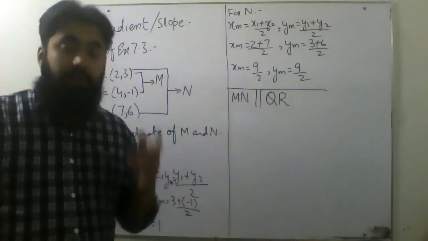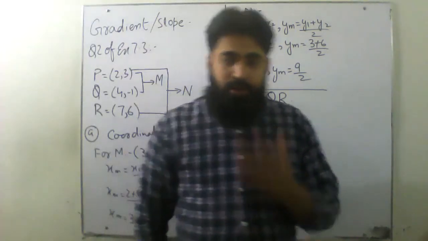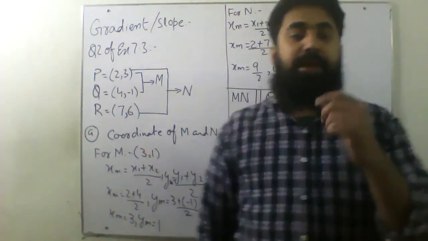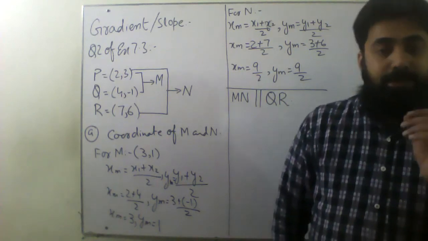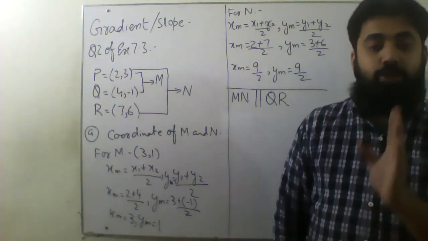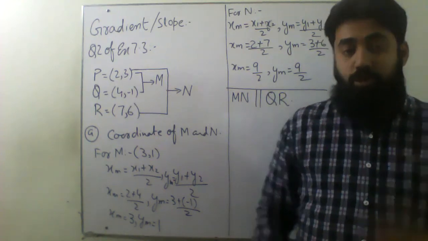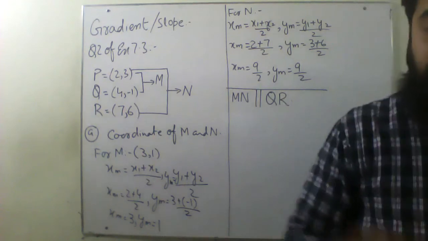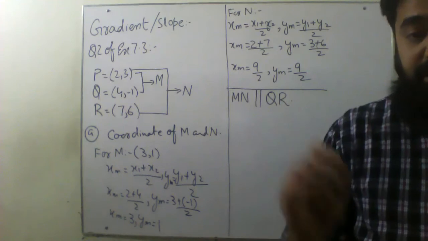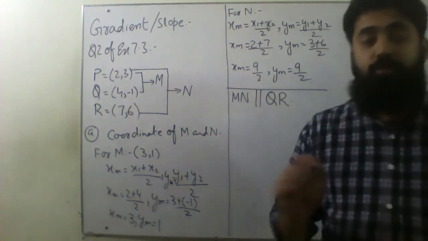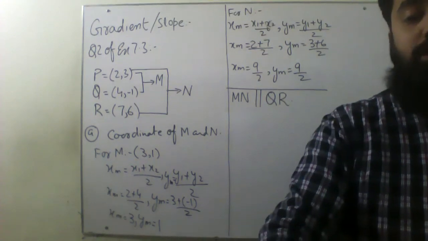Always remember, in order to find whether two lines are parallel or not, you have to find their gradient. If the gradients of two lines are equal, it means those two lines are parallel to each other. If two lines are parallel, their gradient will be the same, or if two lines have the same gradient, then the lines are parallel.